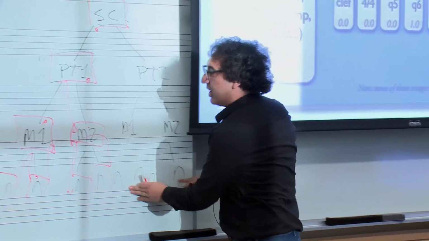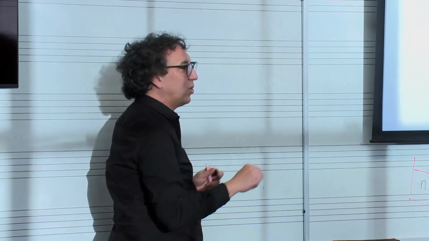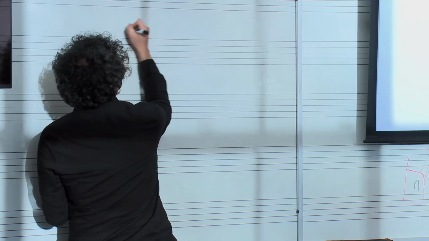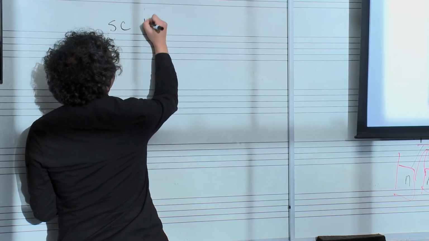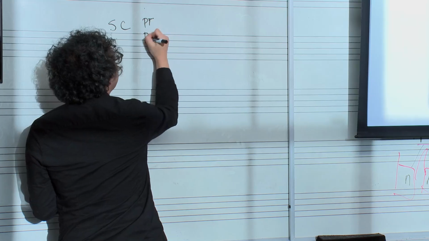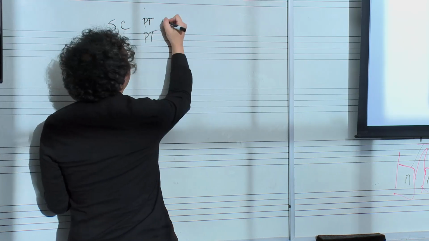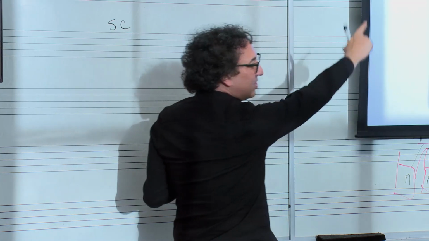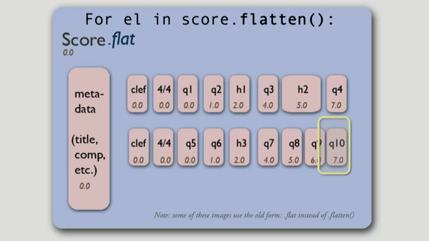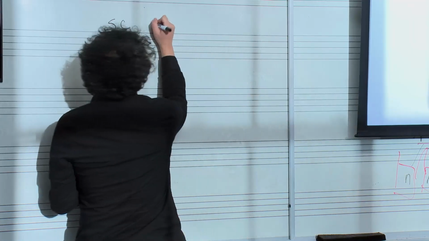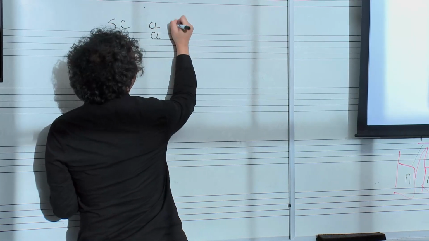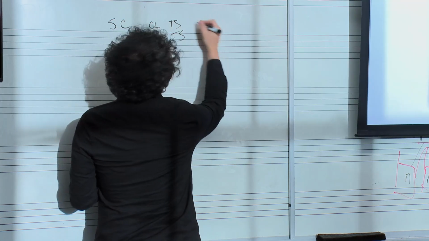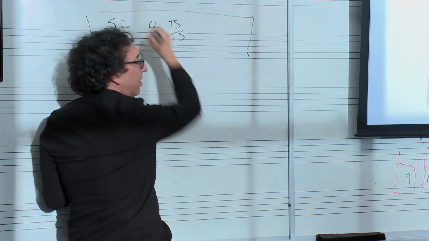The flatten, on the other hand, in order to compute where everything should be and which one is actually coming next in this hierarchy, and for historical reasons, will take that same score and put it all into a new score object, but it also removes all the parts and stuff. In flatten, there are no parts or anything. There's just the leaf nodes at the end. So you'll get the clef, the other clef, the time signature, the other time signature, and so on, all in a new stream object.